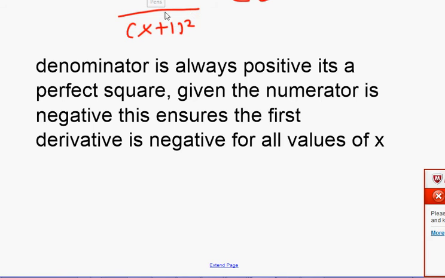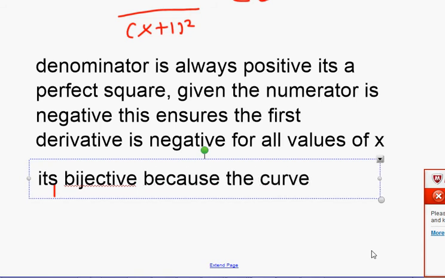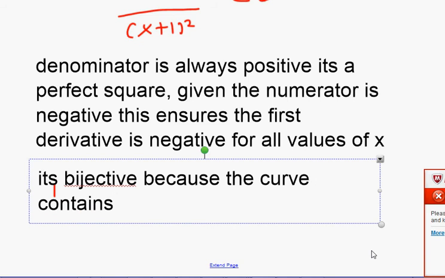Now what bijective means is, sorry guys, just one second with this. Explain why this function is bijective. I'll type it out. It's bijective because the curve contains no turning points.